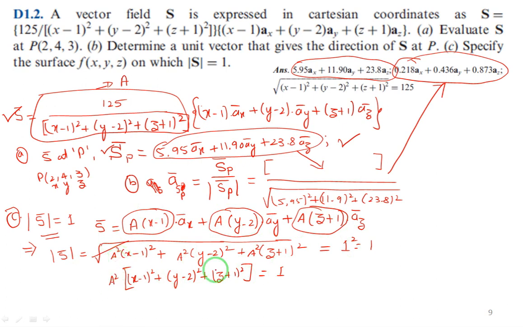This is a square. So I will write what A is. Which implies, what is a square? A is 125 divided by this entire big term.